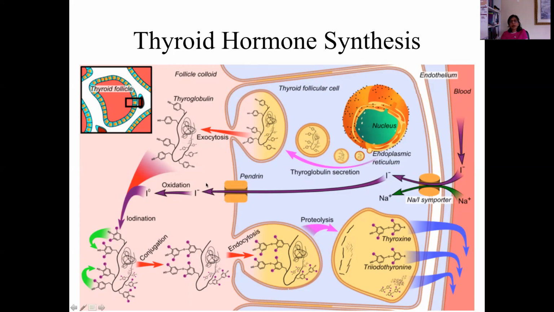All right, now we also need to look at a couple of things that are going on within the follicular cell. First of all, let's take a look at the nucleus here, and there's something going on. It's busy. Basically what's going on is the production of a protein.